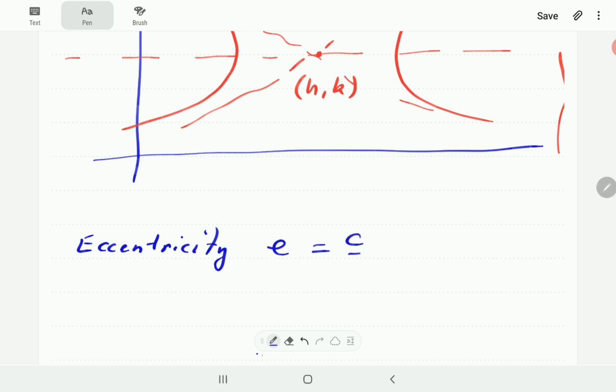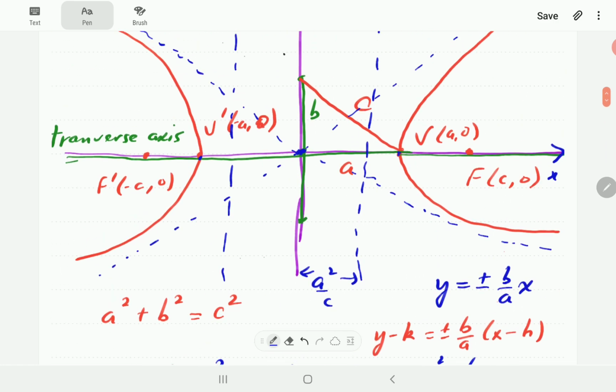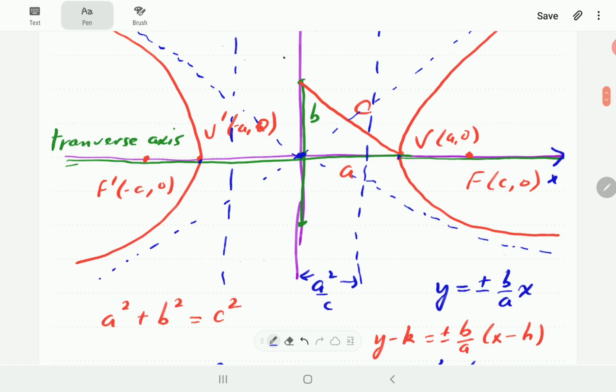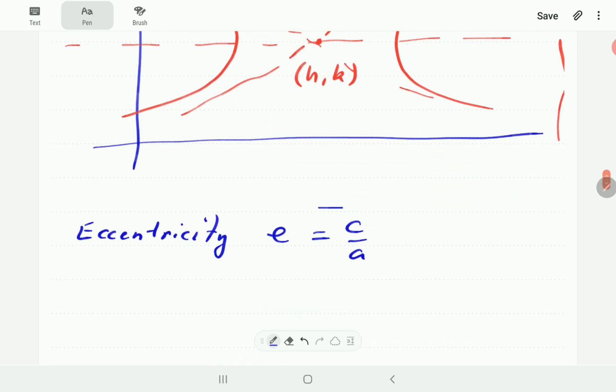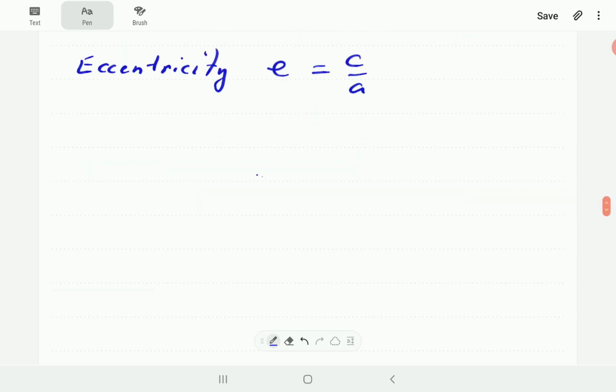It is still going to be c over a. However, notice this time, because c is bigger than a, the value of the eccentricity for the hyperbola is going to be bigger than 1. Okay, so that's the hyperbola for the case where the transverse axis is horizontal.